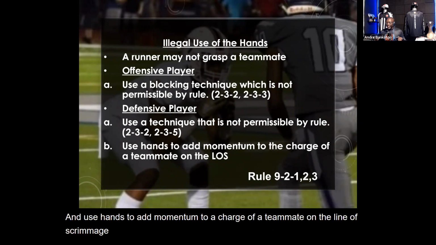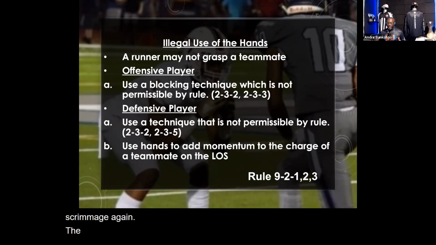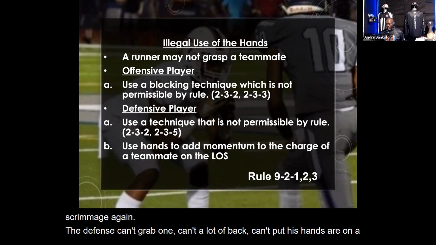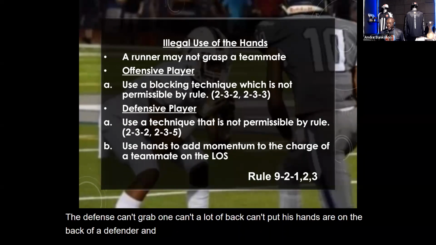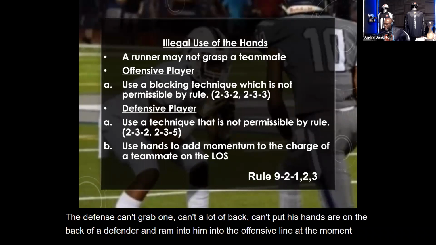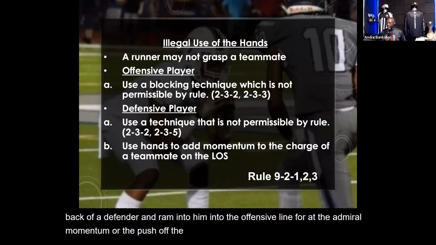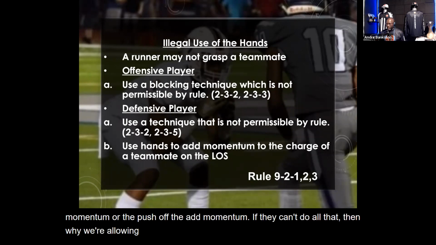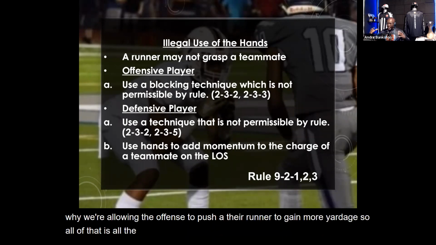Again, a linebacker can't put his hands on the back of a defender and ram into the offensive line to add momentum or to push off to add momentum. If they can't do all that, then why are we allowing the offense to push their runner to gain more yardage? So all of that is the same in relationship.